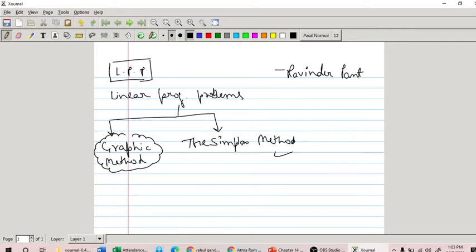Now before moving towards the simplex method, let us revise a few concepts and the limitations of the graphic method. What is the need to move towards the simplex method of solving your LPP? The graphic method is based on graph-based solutions which talk about two variables x and y.